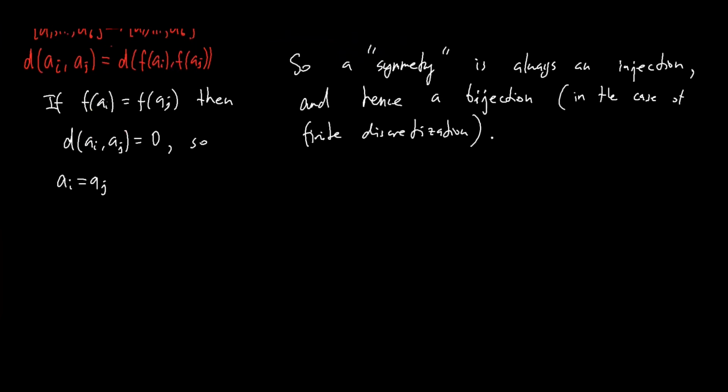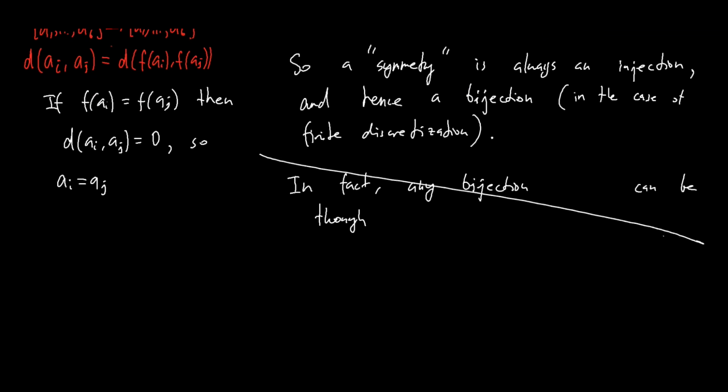You just take this higher dimensional tetrahedron, right? Let me first make the claim. In fact, any bijection from a finite set to itself can be thought of as a symmetry.